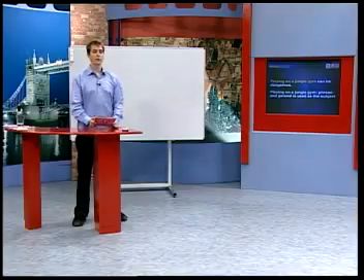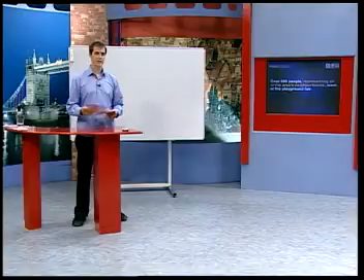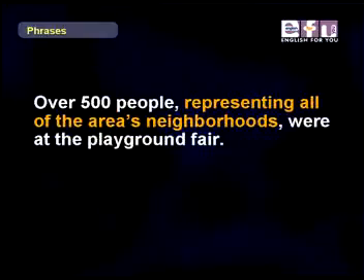A phrase may also come in the middle of a sentence. These are called participle phrases because the present participle is used. Have a look at this example. Over 500 people, representing all of the area's neighbourhoods, were at the playground fair. In this sentence, representing all of the area's neighbourhoods is the phrase.